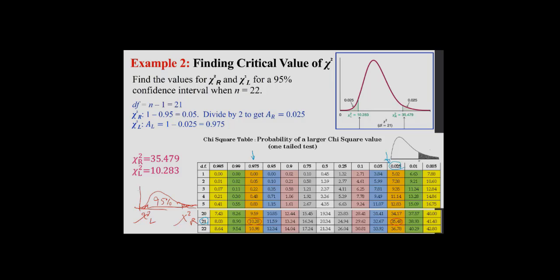And I repeat, take a look at the given here. Let me use a different color again. This one, class, take a look at this one. This tells you need the area to the right to do the reading, everybody. Area to the right.